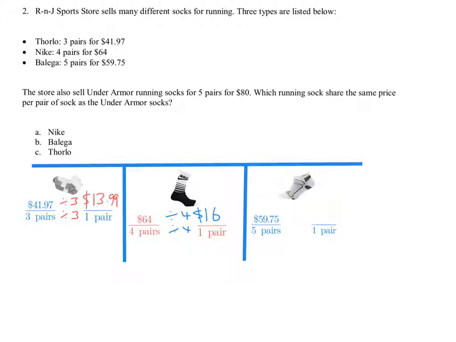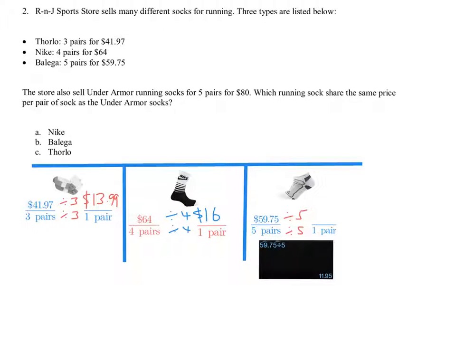So I have to divide the bottom by 5 to go from 5 down to 1, and then I will also divide the top by 5. So I'm dividing the bottom by 5, and I divide the top by 5. And let's use the calculator to help us do that.